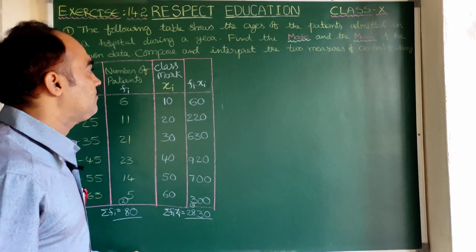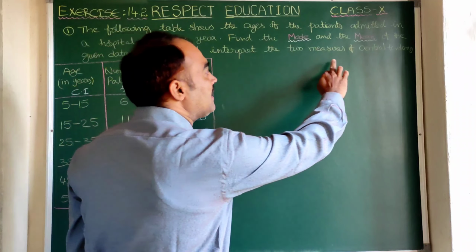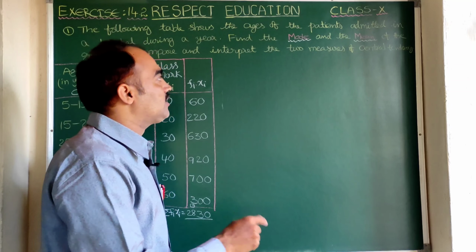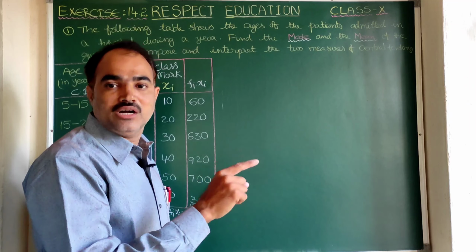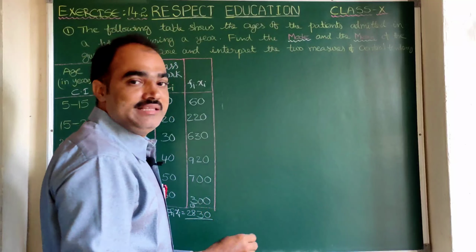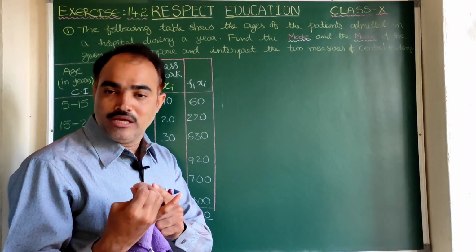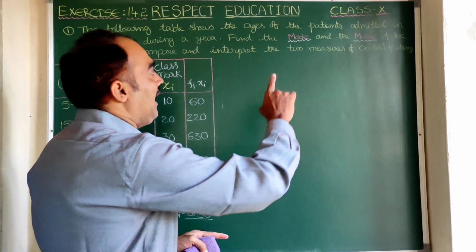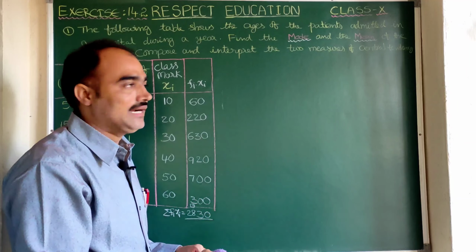Observe carefully, there are 3 measures of central tendency: first mean, second mode, and third median. For finding mean, there are 3 methods: direct method, assume mean method, or step deviation method. And for finding median, we have a formula that we are going to discuss later.